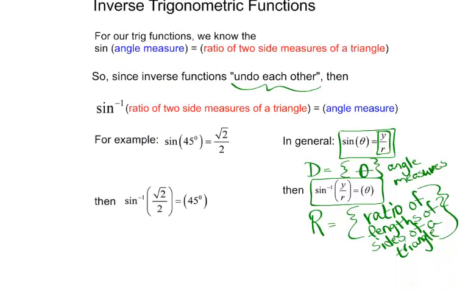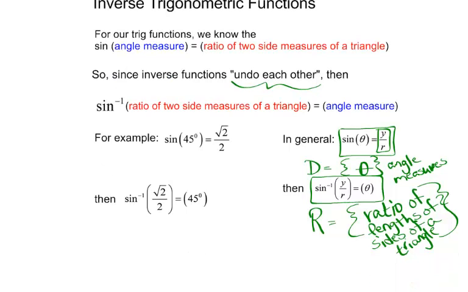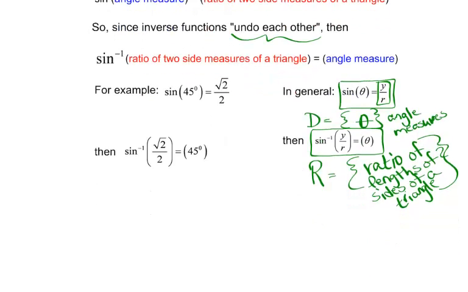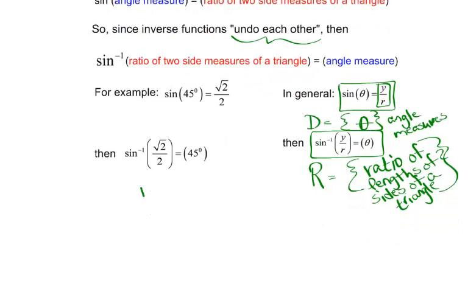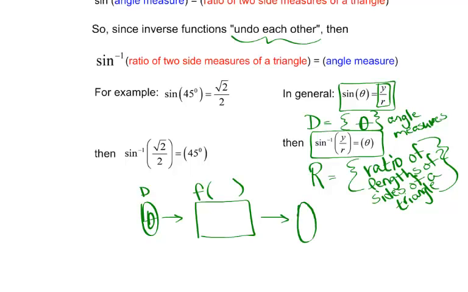Give myself a little more space here so we can do kind of the same thing that I just did in general. If my domain values are angle measures, and I have a trig operation happening, then the resultant range values are some ratio, y over r, x over r, y over x, and so forth.